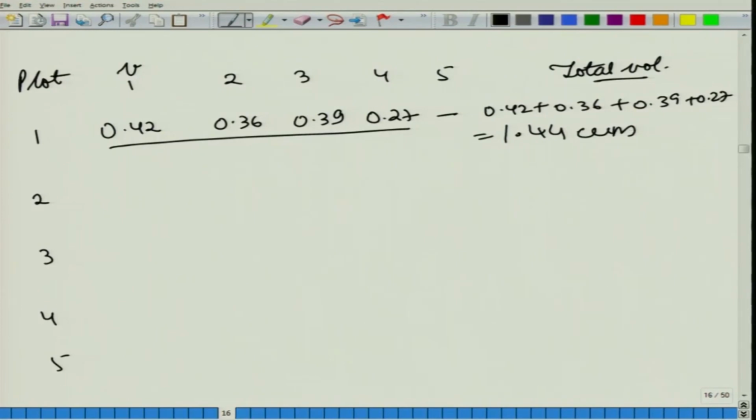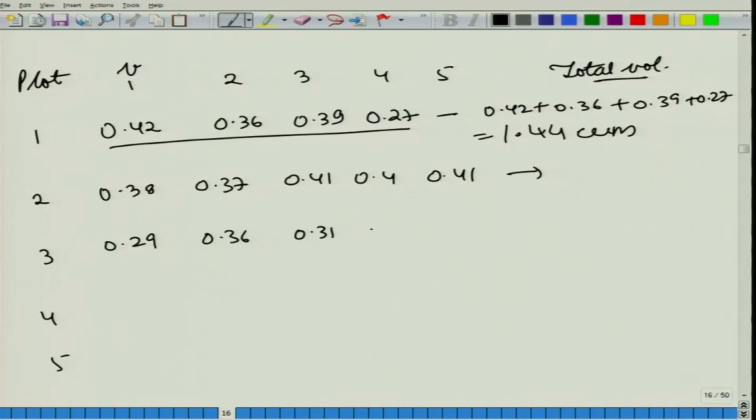Similarly, in the second plot we are given the volumes as 0.38, 0.37, 0.41, 0.4 and 0.41. The third one has 0.29, 0.36, 0.31, 0.34 and this does not have any value.